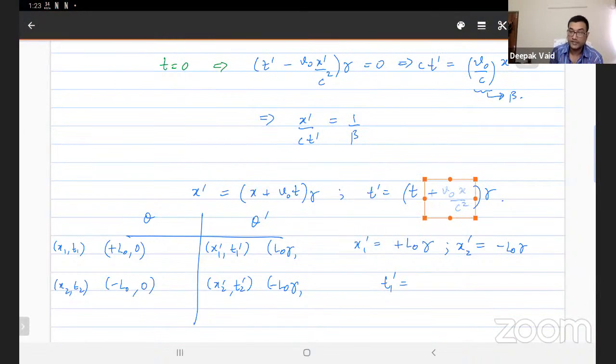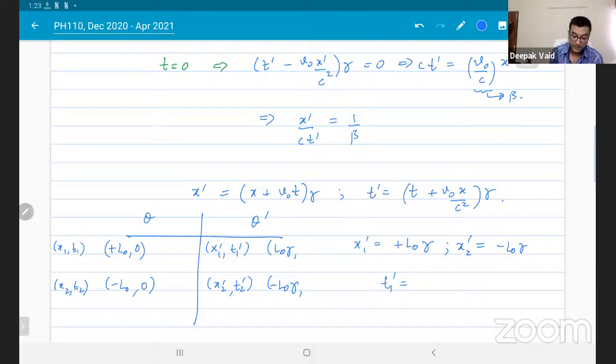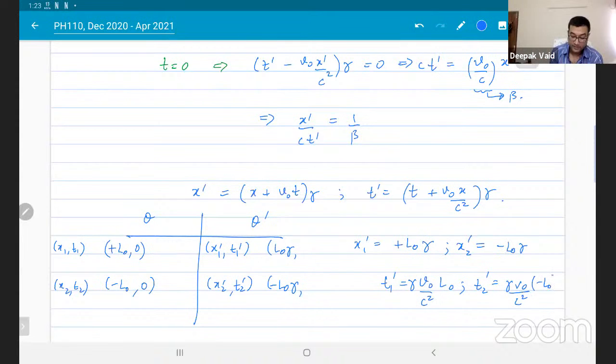There is nothing to do with x; position will not come in. But here the position comes in, right? So what is t1 prime? t1 prime becomes gamma v naught by c square times L naught, and t2 prime becomes gamma v naught by c square times minus L naught.